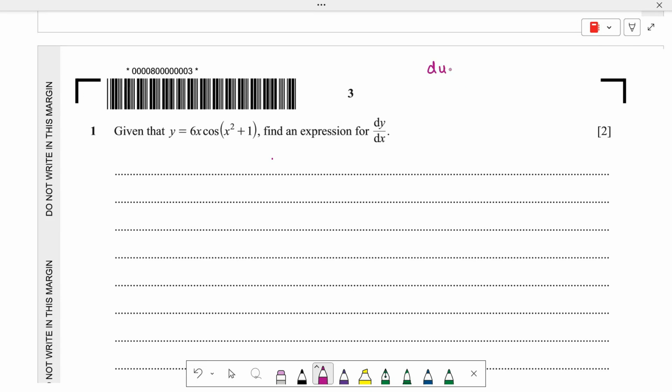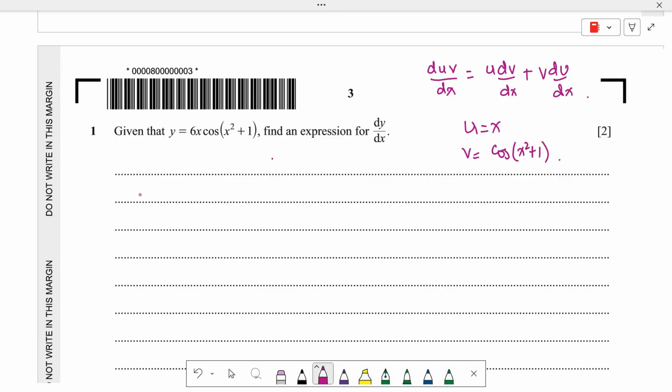So the derivative of uv with respect to x is u times the derivative of v with respect to x plus v times the derivative of u with respect to x, and in this case u is x and v is cos of (x squared plus 1).